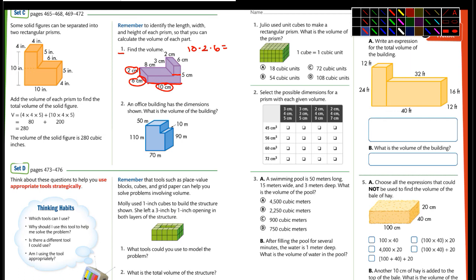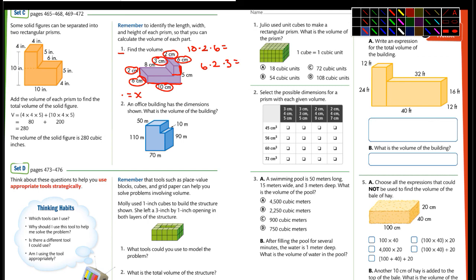So it's going to be 6 times, and remember that dot, when I put a little dot like that, that also means times or multiplying. So 6 times 2 times, we need to figure out this little bit of height right here. Actually, it looks like they gave it to us. Looks like it's 3. 6 times 2 times 3.